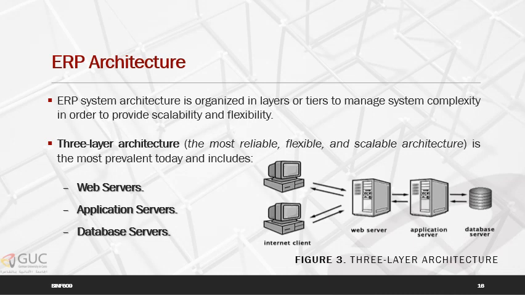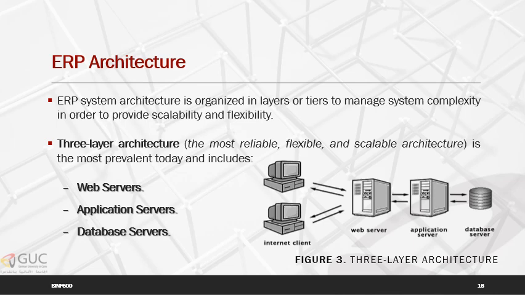In today's business environment, ERP applications are most often deployed in a distributed and often scattered way. While the servers may be centralized, the clients are usually spread across several locations.